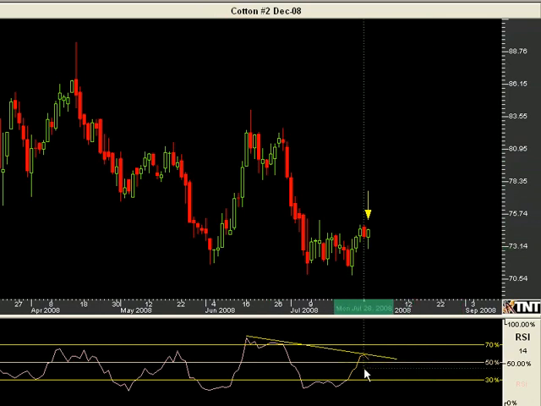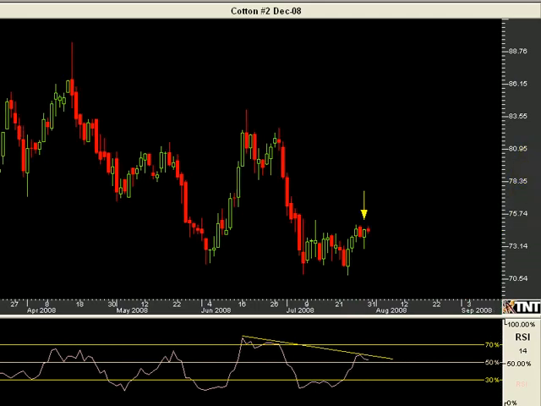The indicator is already heading lower, but prices have not yet responded. This is probably one of the reasons I like using RSI, because every once in a while it will move ahead of prices. Not always, but sometimes it will actually move before prices move.